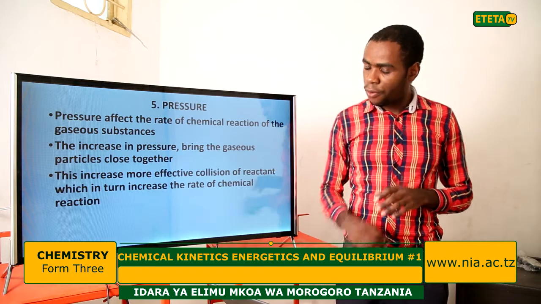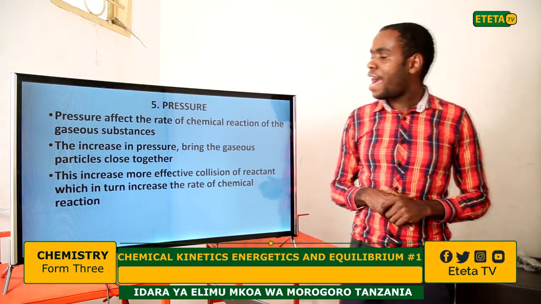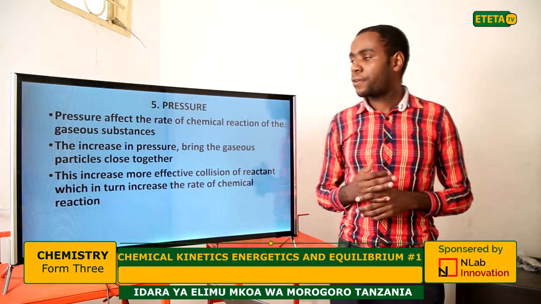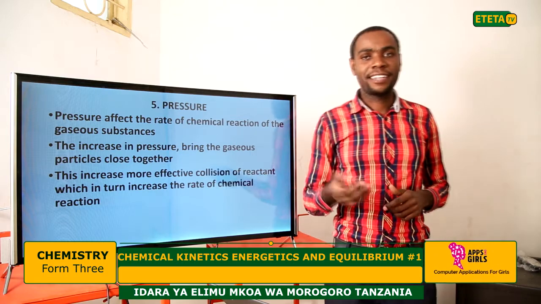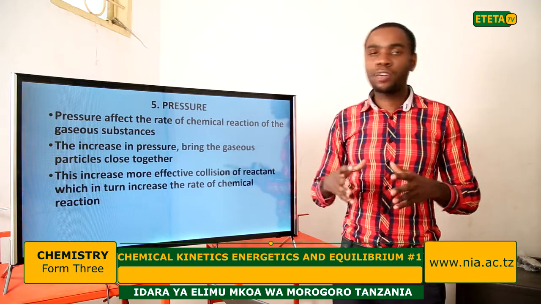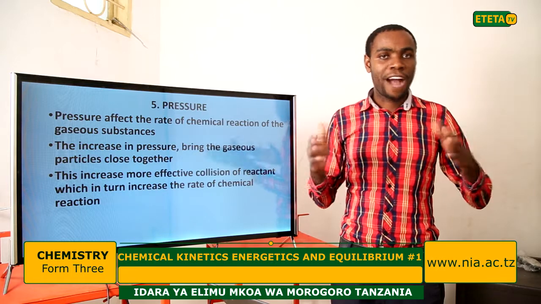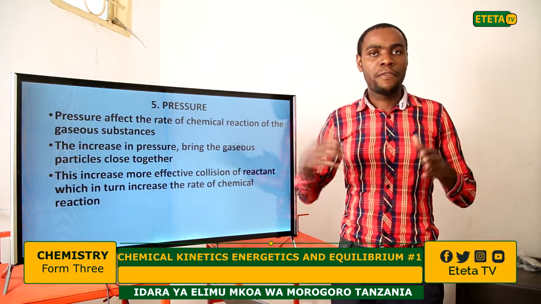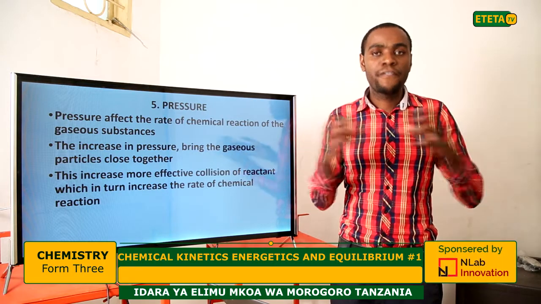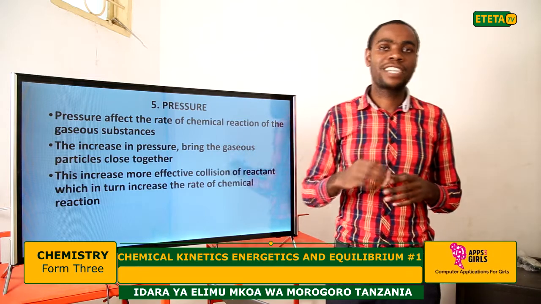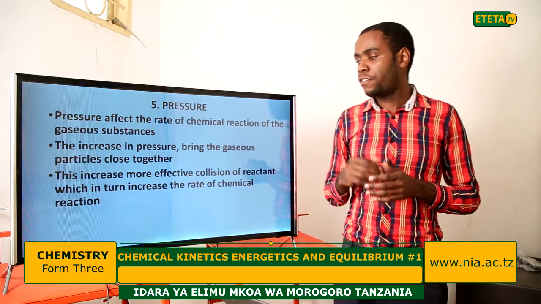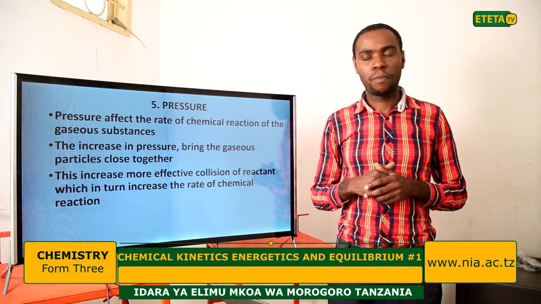So that's how the pressure affects the rate of chemical reaction, and vice versa is true. In case the pressure decreases, the particles will be far away, and the collision frequency will decrease, and for that case, the rate of chemical reaction will be slow, will be low.